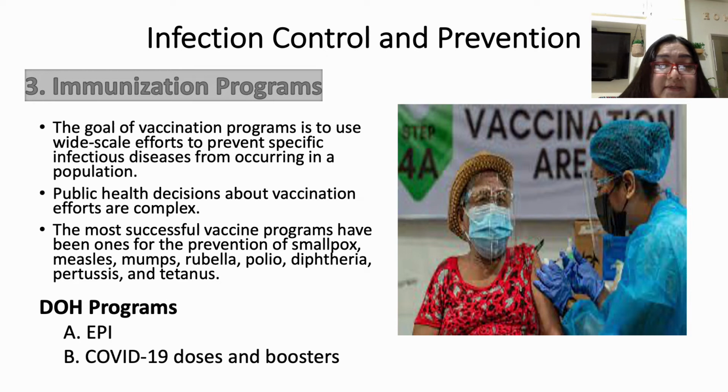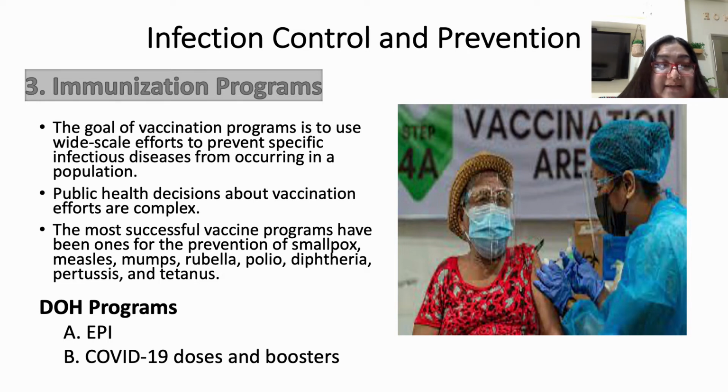Some of the most successful vaccine programs have been ones for prevention of smallpox, measles, mumps, rubella, polio, diphtheria, pertussis, and tetanus. Here in the Philippines, common vaccines given in health centers are MMR, which is measles, mumps, rubella, varicella zoster also, and influenza.